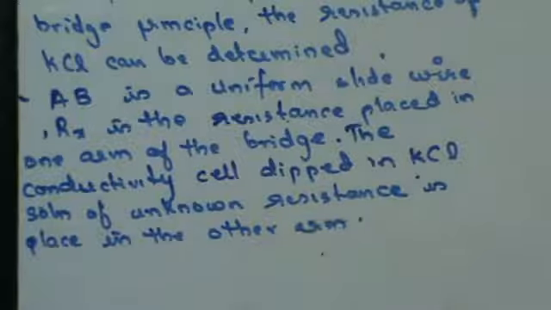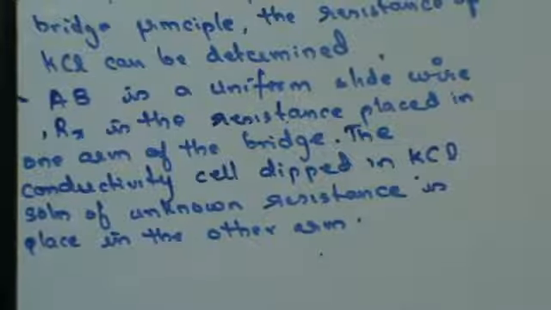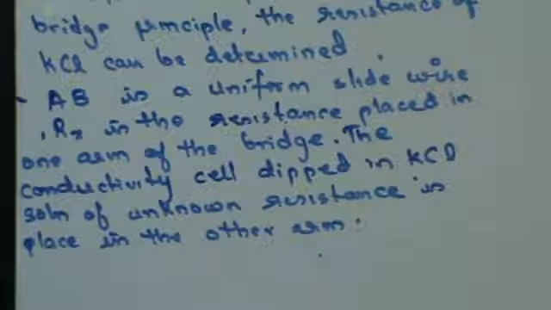So in one arm you have Rx, in the other arm you have an unknown resistance. Fine. Unknown resistance, that is in terms of KCl solution.